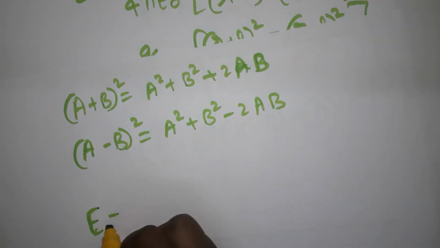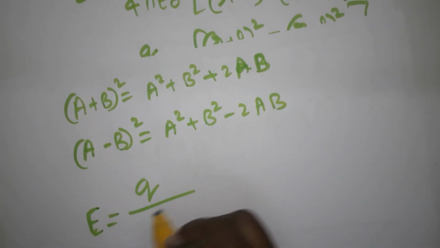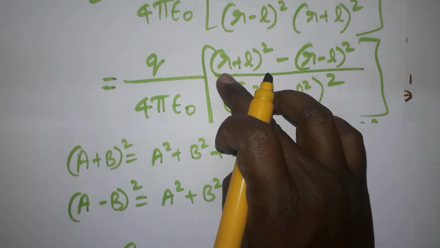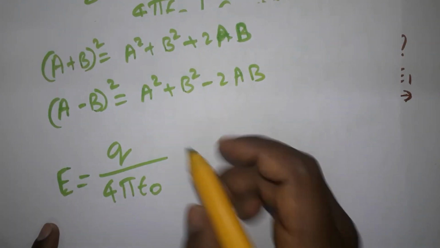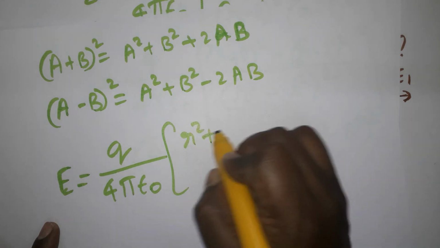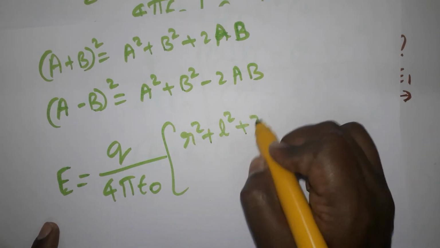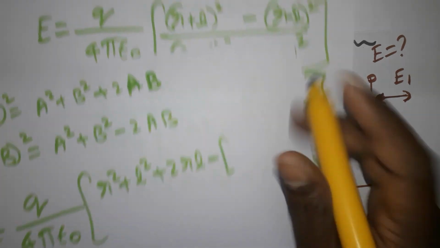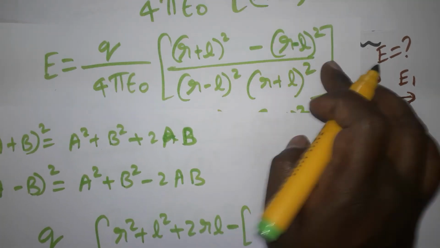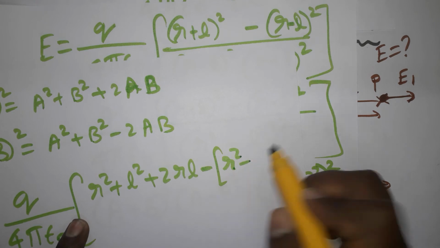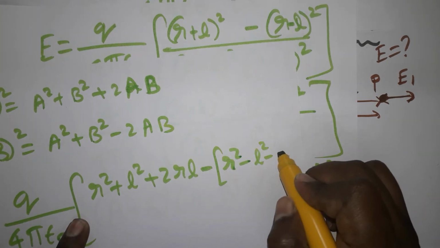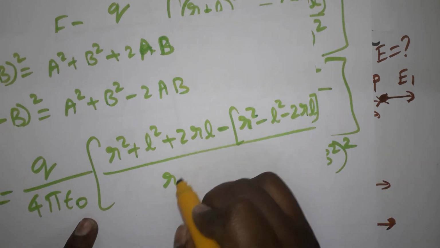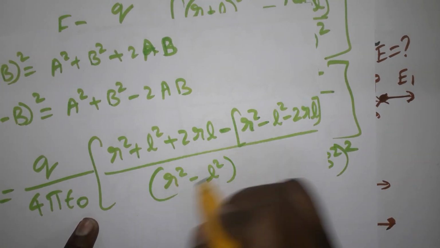So E net is equal to Q divided by 4 pi epsilon naught. Here A will be R, B will be L. So it is going to be R square plus L square plus 2RL. And minus is common for the full equation: R square plus L square minus 2RL divided by R square minus L square whole square.